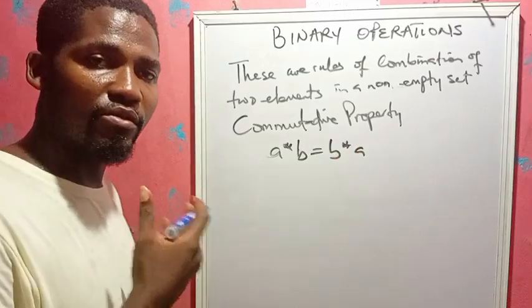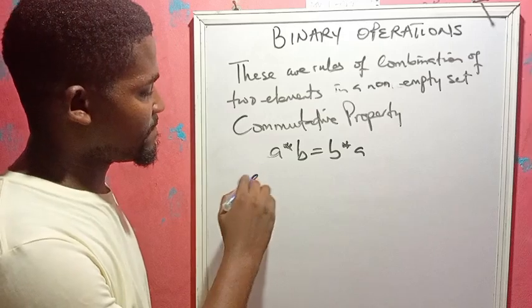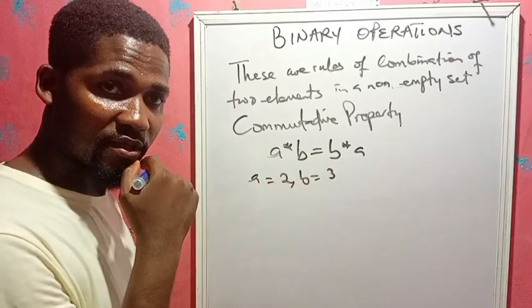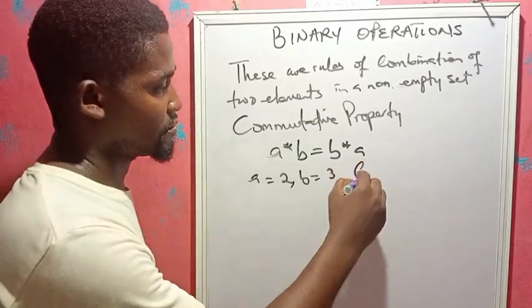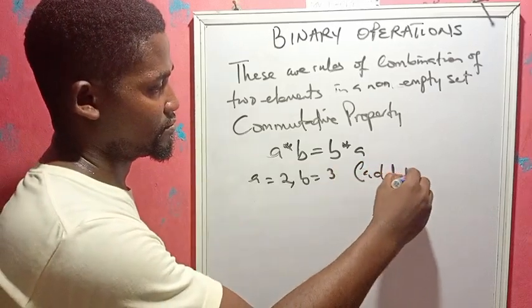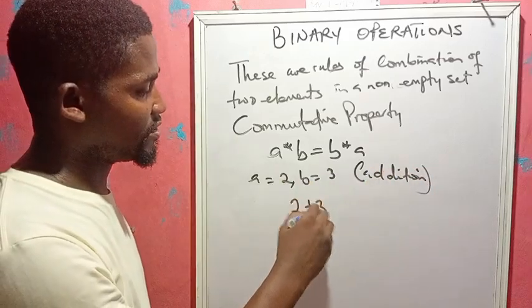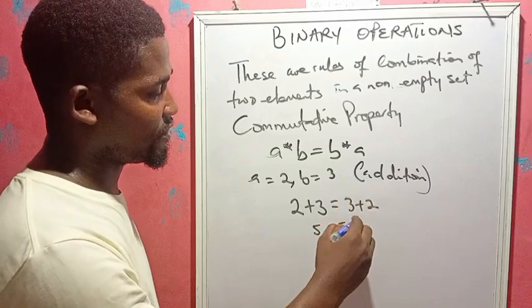Now let's look at some numbers we can use. If we have a as 2 and b as 3, let's look at addition. We'll interchange them right now. So we have 2 plus 3 equals 3 plus 2, 5 equals 5.